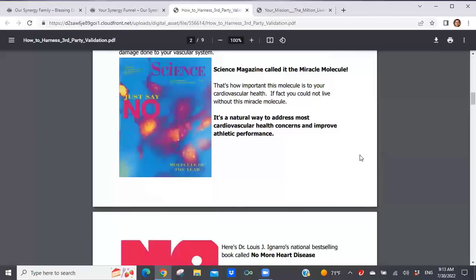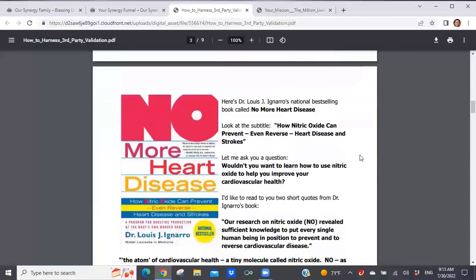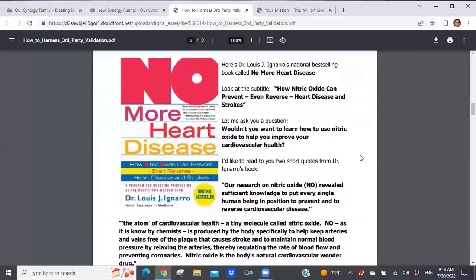You validate this with things like Science Magazine and how important nitric oxide is to that person's health. You validate it by having a copy of Dr. Ignarro's book, No More Heart Disease, where you can say things that you most likely couldn't say on your own, but you can reference the book, like the cover, how nitric oxide can prevent, even reverse, heart disease and strokes.